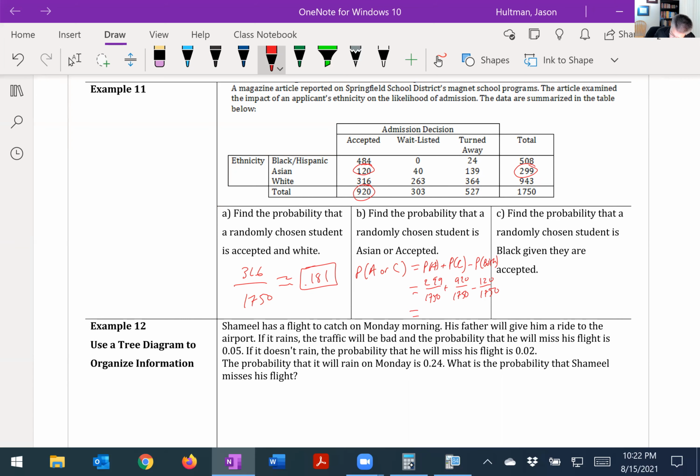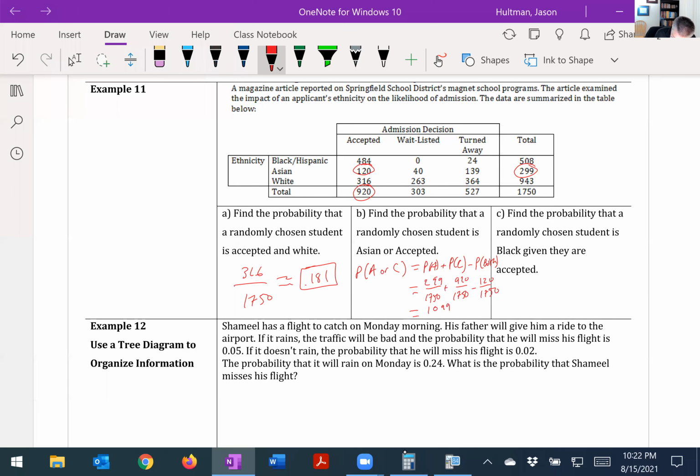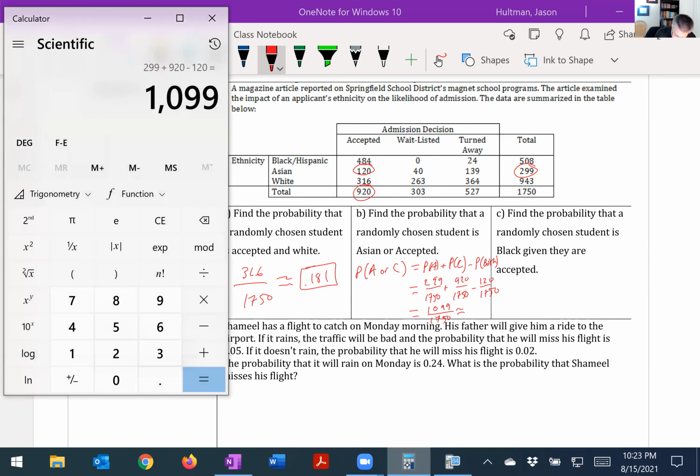So 299 plus 920 minus 120 is equal to 1099. So this is 1099 over 1750. And we could find a decimal approximation for that if we wanted to. 1099 divided by 1750 is 0.628. That's kind of cool.